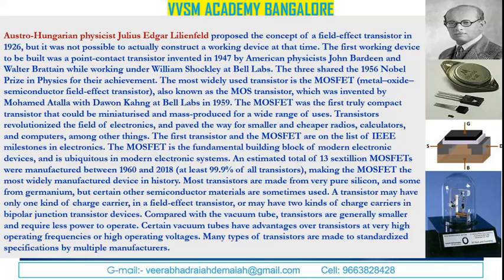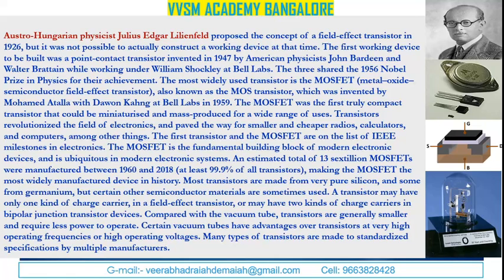The MOSFET was the first truly compact transistor that could be miniaturized and mass-produced. It revolutionized the field of electronics and paved the way for smaller and cheaper radios, calculators, and milestones in electronics. You see, the MOSFET is the fundamental building block of modern electronics, manufactured between 1960 and 2018.